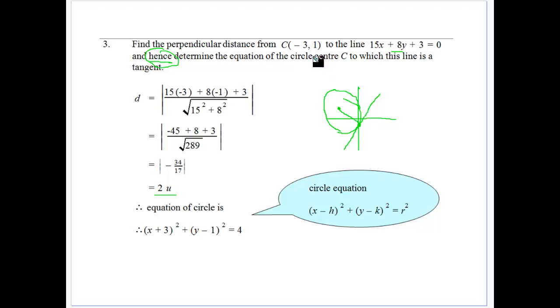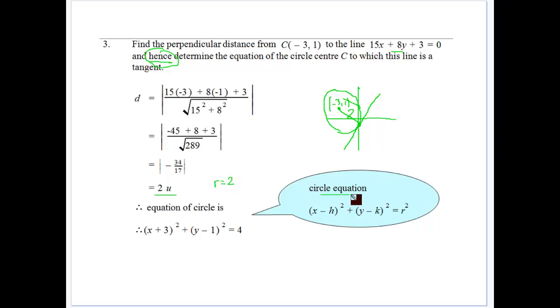Now we just worked out that the distance between the point minus 3, 1 and that line was 2 units, which means that the radius of our circle must be 2 units, because the distance from the center to the circle is the radius, but also the distance from that point to that line is 2 units, and it's the same as the radius, because the tangent just touches, so it's exactly touching at that one point on the circumference of the circle. So that 2 allows us to get the radius of our circle. So the radius of the circle is 2.